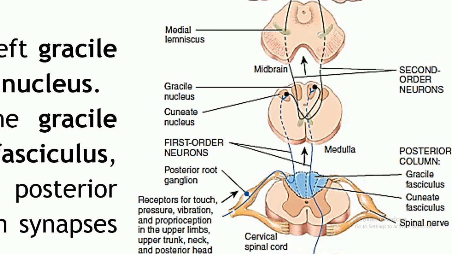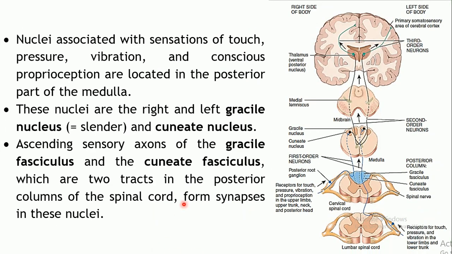From here the second neuron arises, which will then cross over to the opposite side and carry the signal further. Similarly, the axons arising from this cuneate fasciculus will ascend and form the synapse in the cuneate nucleus of the medulla. From here the second order neuron will begin, cross over to the opposite side, and ascend upwards.